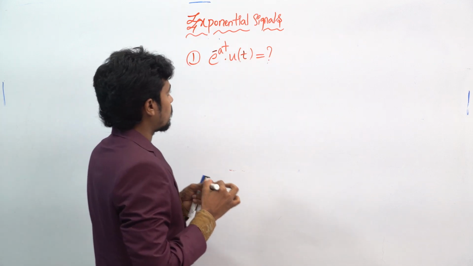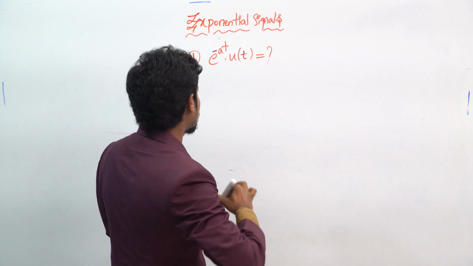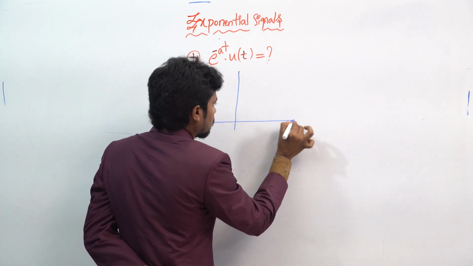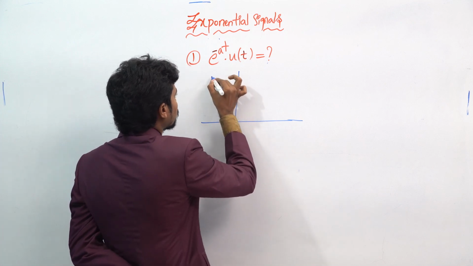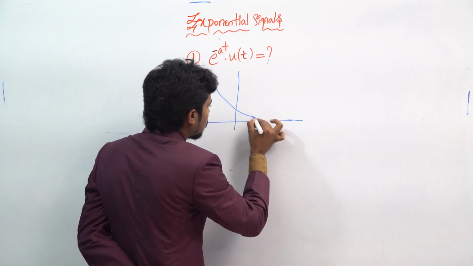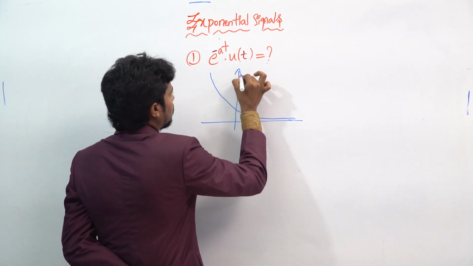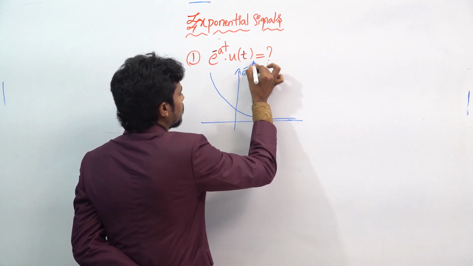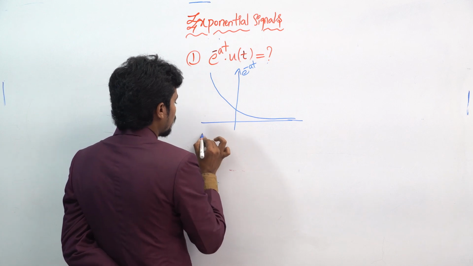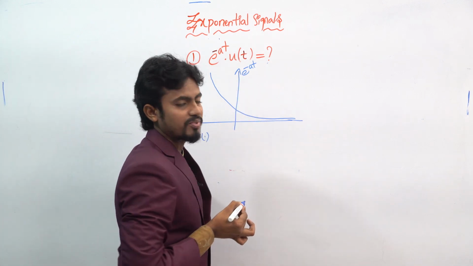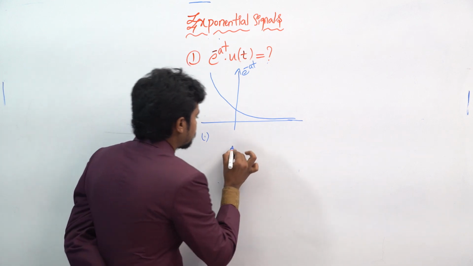What will be the plot? Now let's draw this plot. This will be the plot for the exponentially decreasing signal, e power minus at. What we have to do? We just have to multiply it with the unit step signal. That will be the u of t.